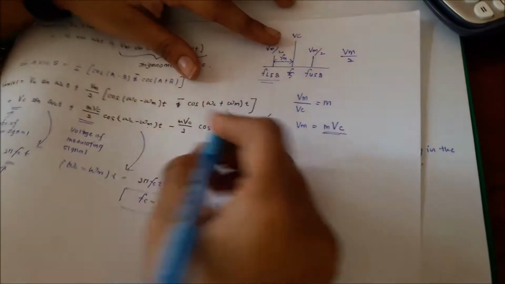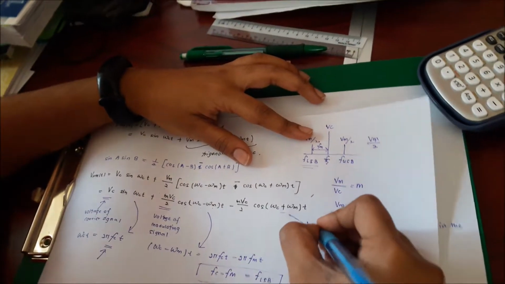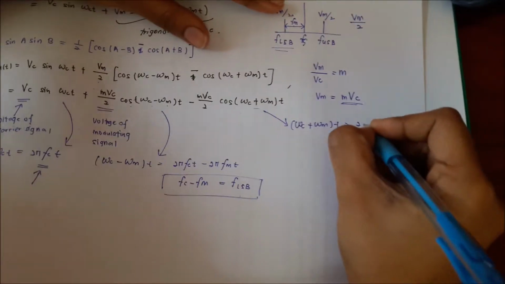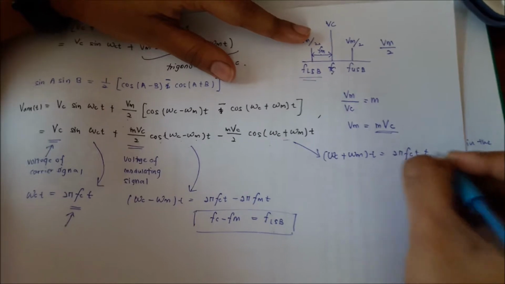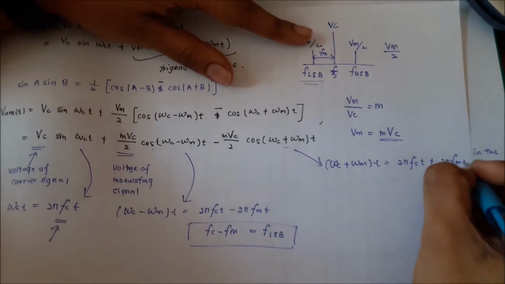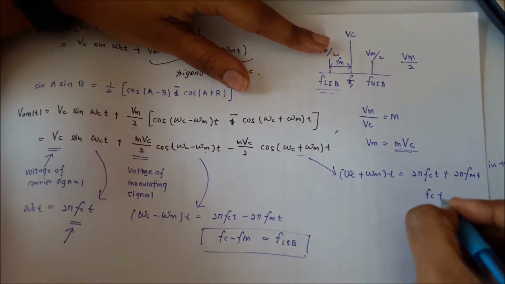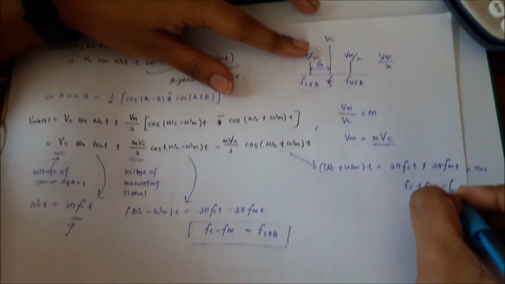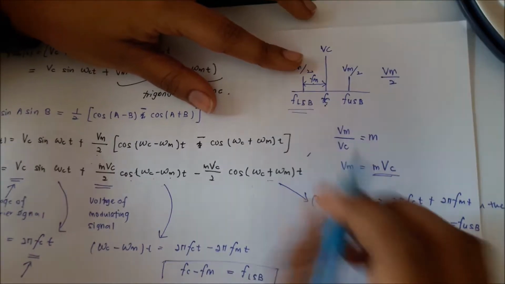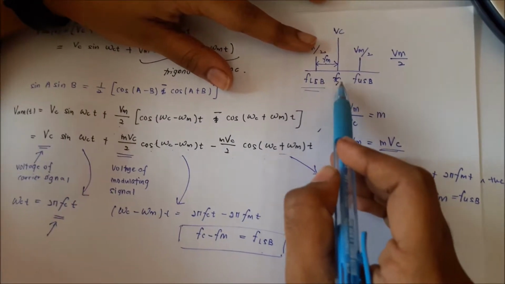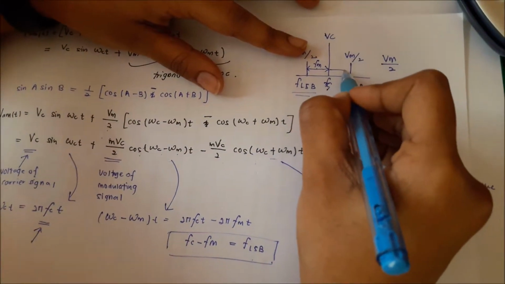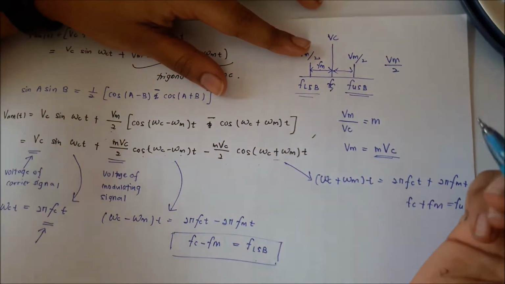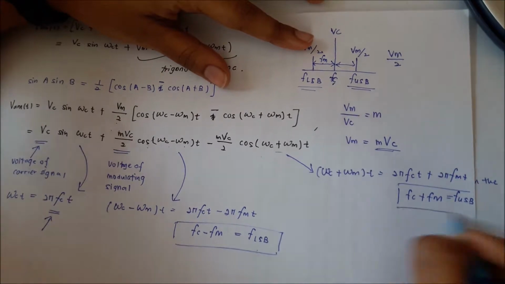And if you take this one here, omega c plus omega mt, which is 2 pi fct plus 2 pi fmt, means fc plus fm, which is equivalent to your FUSB. If I take FC and plus my FM here, I'm going to get the frequency of my upper side band, which is this formula.